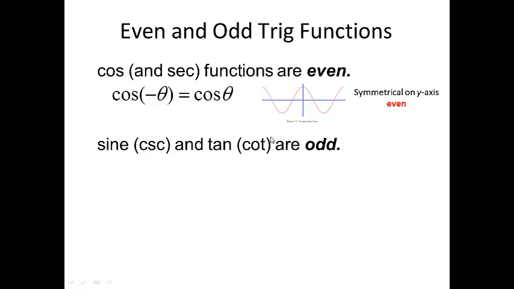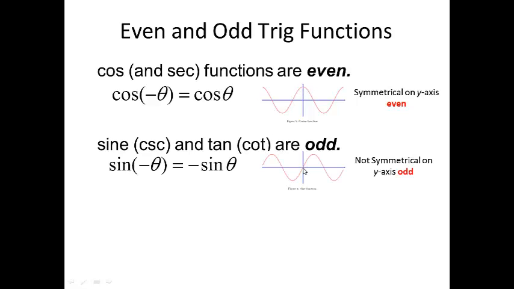The sine, however, since it starts at the origin, by the way, these two are the same graph. You see how it curves? They're exactly the same except for the phase shift. Cosine starts at the top and then moves down like this, and sine starts from the origin and goes up like this, but they're the same graph. But this is not symmetrical on the y-axis. You see it's not symmetrical, but there's a relationship.